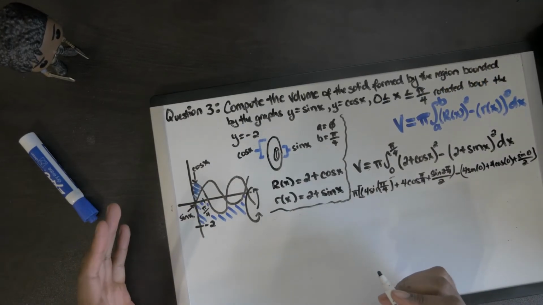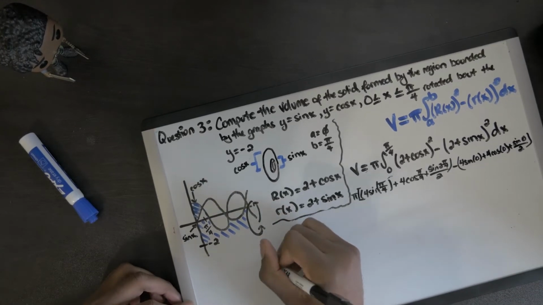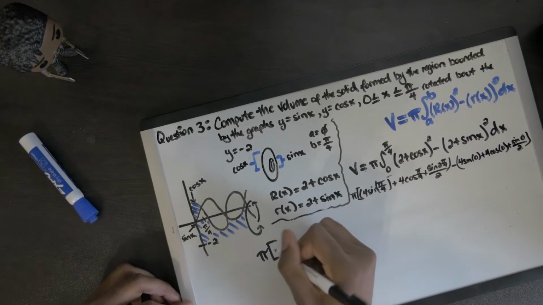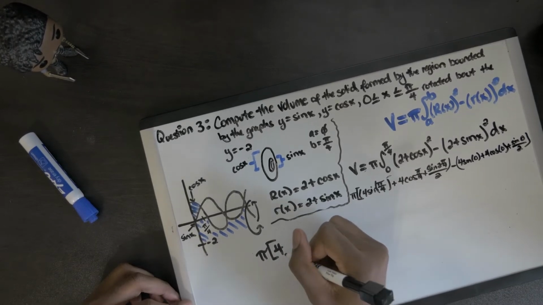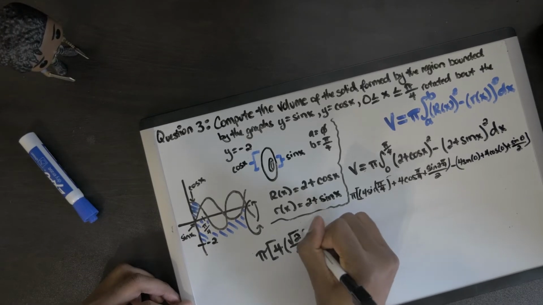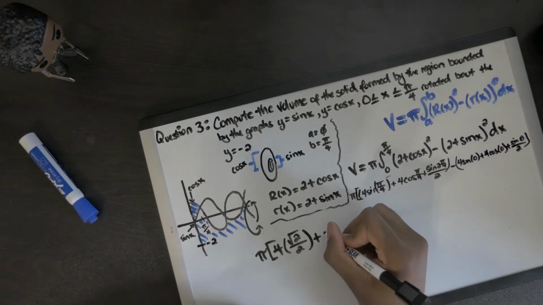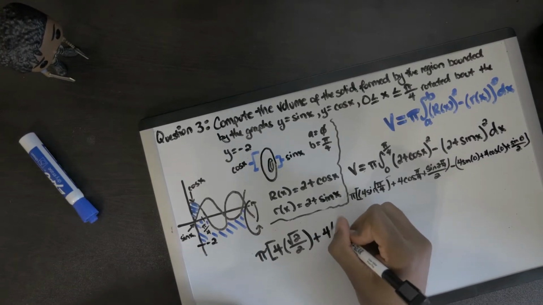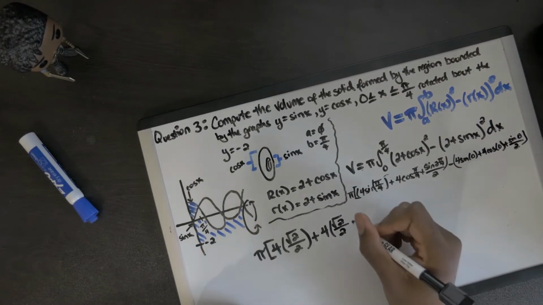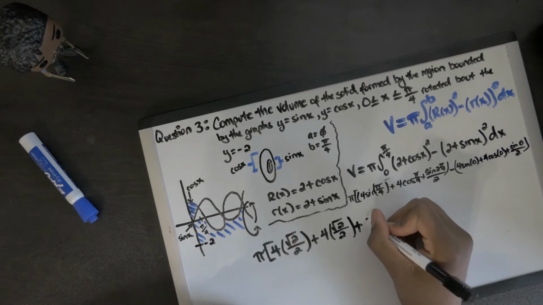So after integrating it, we're going to find out that those simplify now to pi times 4 root 2 over 2, plus 4 root 2 over 2 as well, plus 1/2.